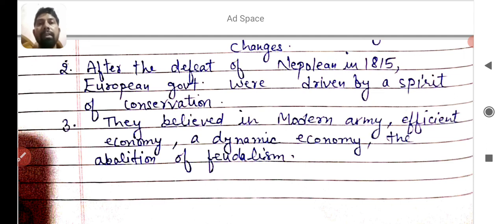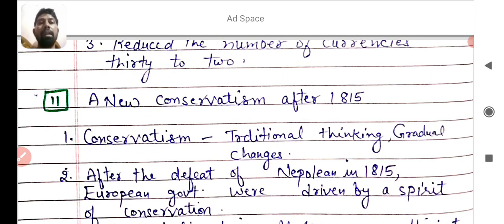It means in conservatism, people believed there should be a modern army, an efficient and dynamic economy, and the abolition of the feudal system. It was known as conservatism after 1815. I hope you got the point. What are the main features of conservatism after 1815? I hope you got all the points of today easily.